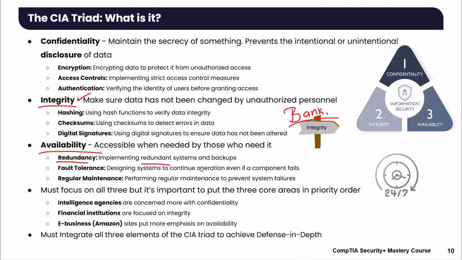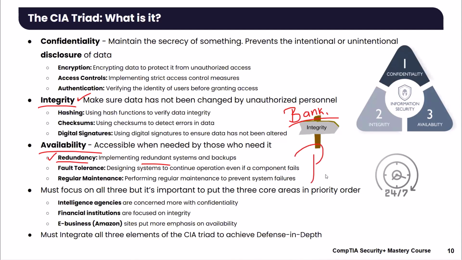Redundancy is a way of implementing two things at the same time so that if one thing fails, the other one is able to pick up. If we do that, we're accomplishing availability. Fault tolerance is the ability of designing a system so that it can withstand a fault. If something goes down, we're able to operate, right?